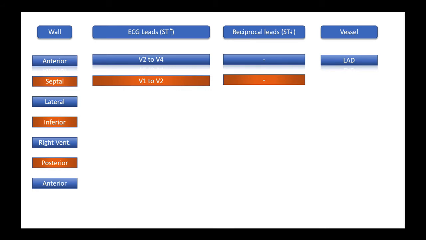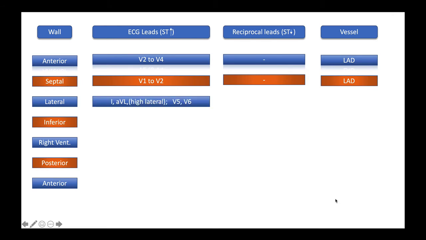Again, you might not see reciprocal changes, and again, it's the left anterior descending artery. Sometimes you will have V1 to V4, all the leads involved, and this is what we call an extensive anterior wall MI or an anteroseptal MI, and again, it's because of involvement of the left anterior descending artery.